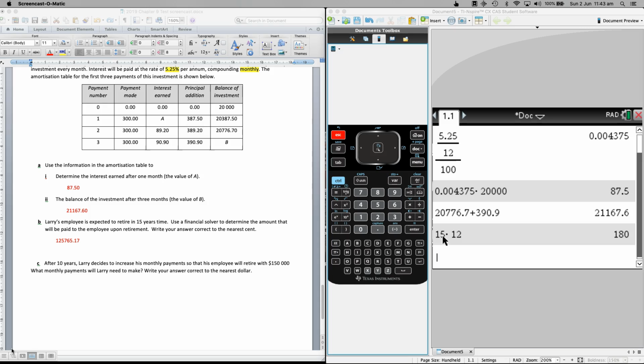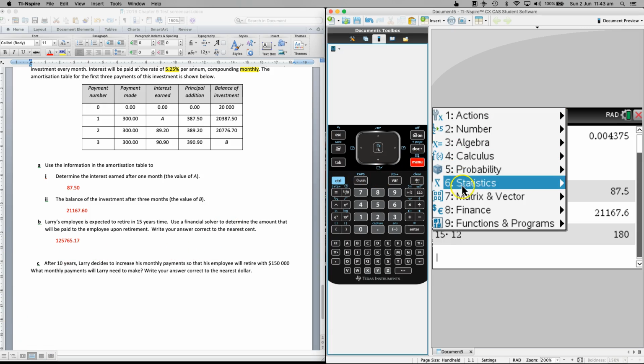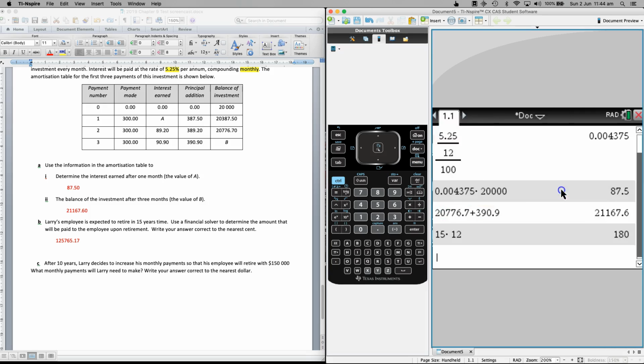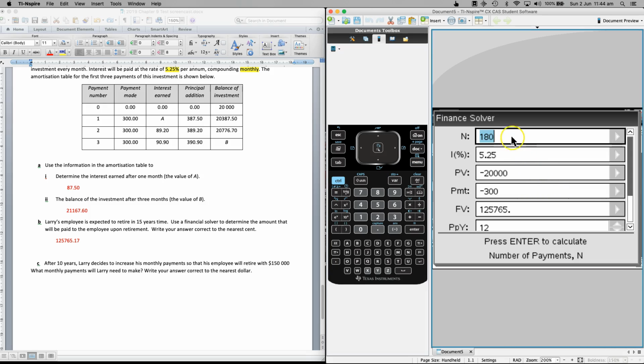So let's do the first step. The first thing we need to do is go back into our finance solver, and we're going to change our end value to 10 years, so 12 times 10, so 120.